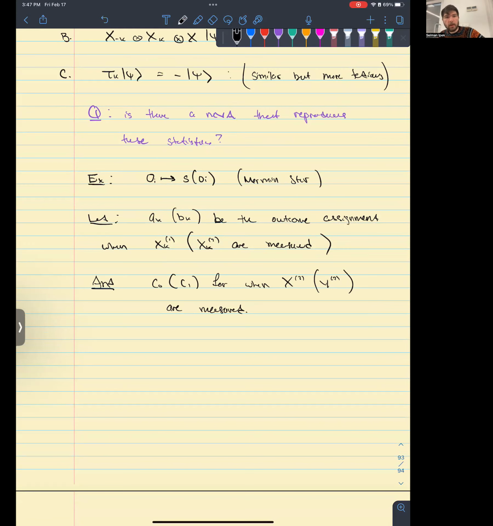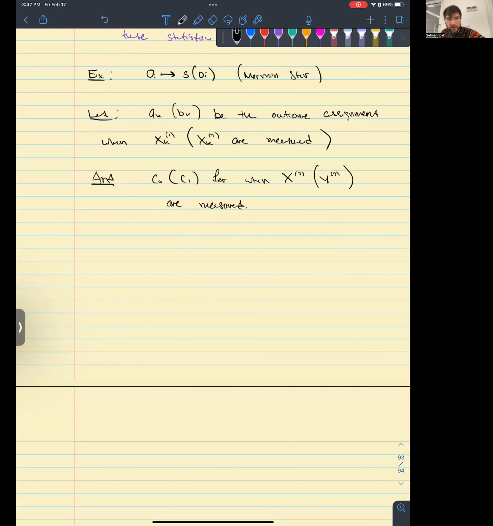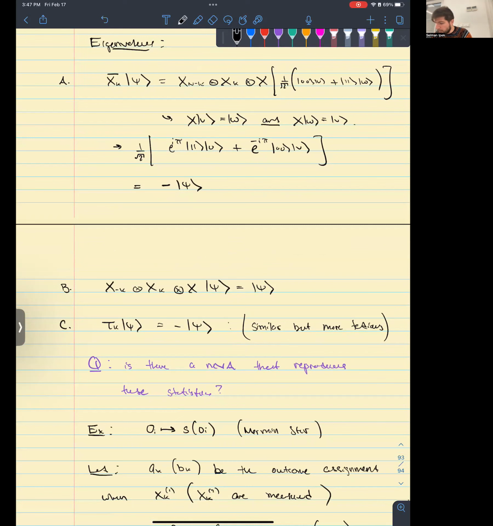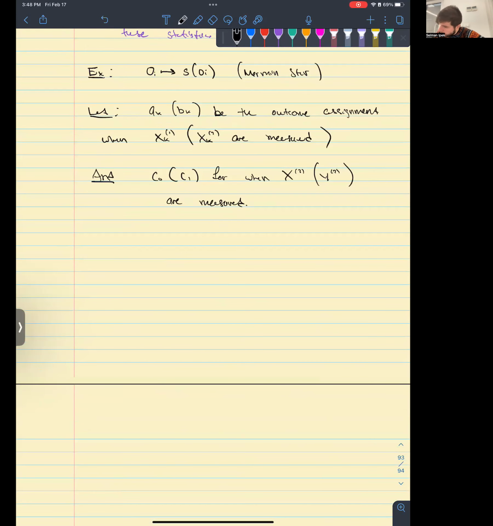Okay, so now we want to establish some relationships here. So from equation A and B, we can go from the eigenvalue relationships to relationships where, by the way, sorry, I should have mentioned this, AK, BK, CI are all in Z2.